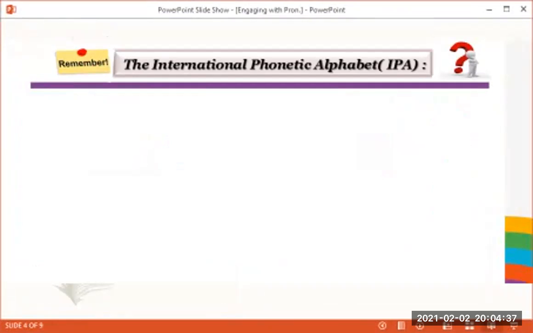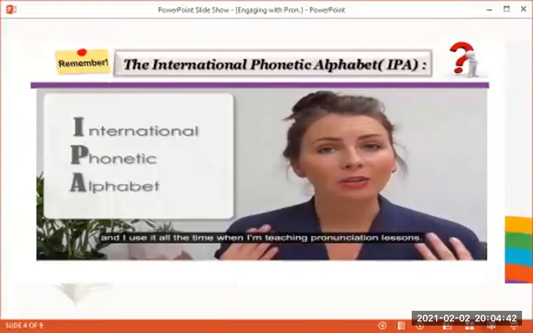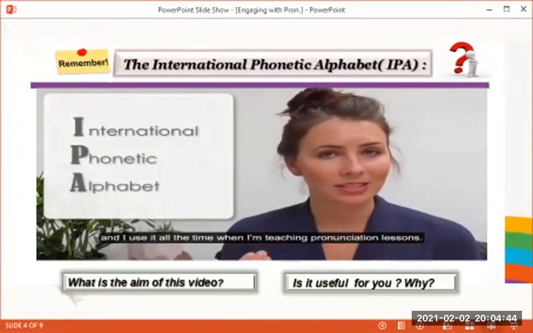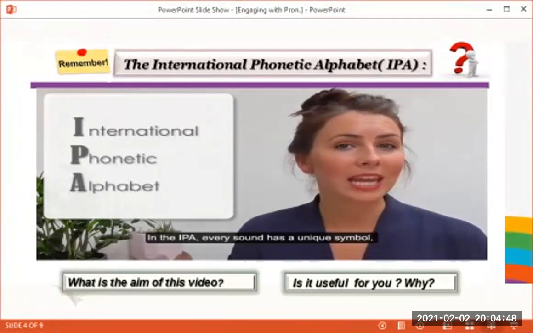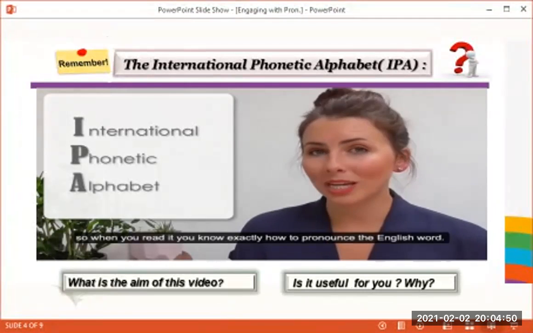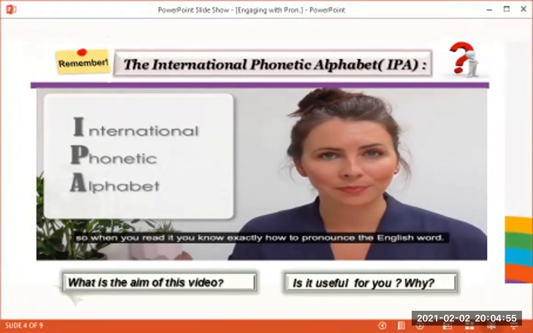The International Phonetic Alphabet. I use it all the time when I'm teaching pronunciation lessons. In the IPA, every sound has a unique symbol, so when you read it, you know exactly how to pronounce the English word.